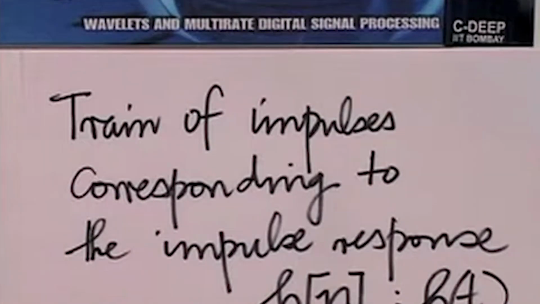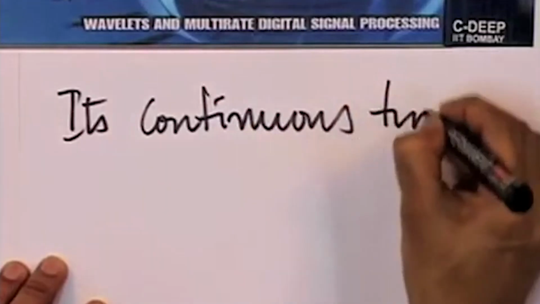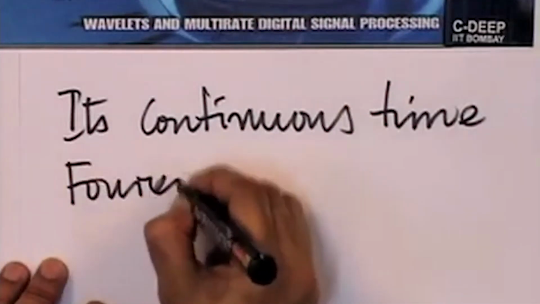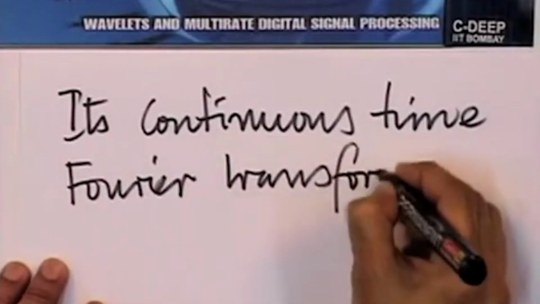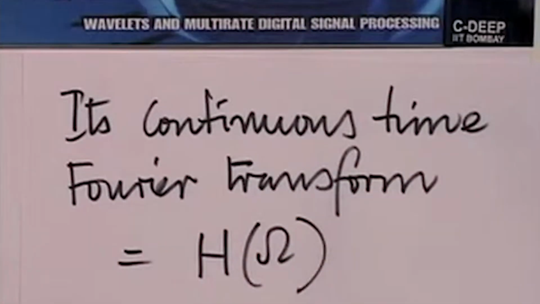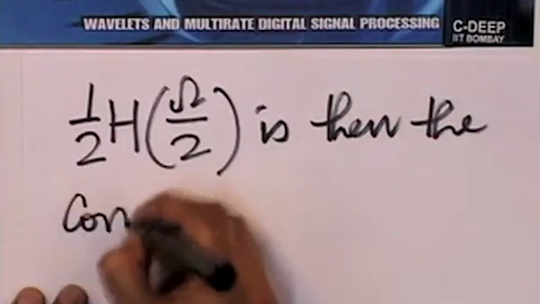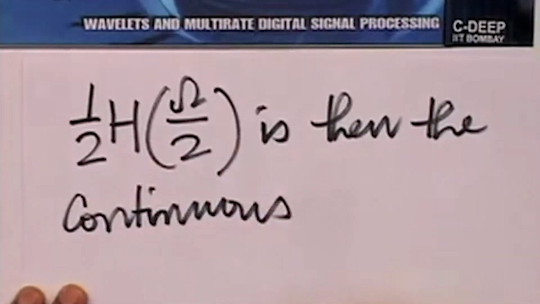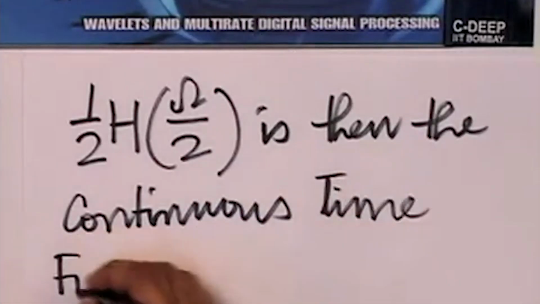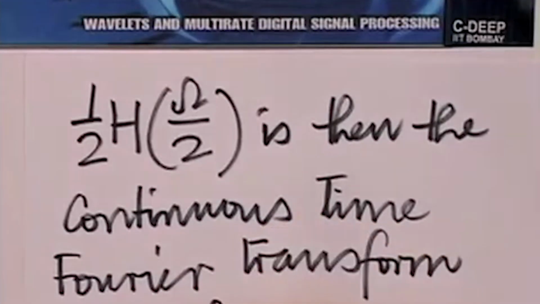Its continuous time Fourier transform or analog Fourier transform, so to speak, is capital H of capital omega, and then half capital H of capital omega by 2 is then the continuous Fourier transform of h of 2t.